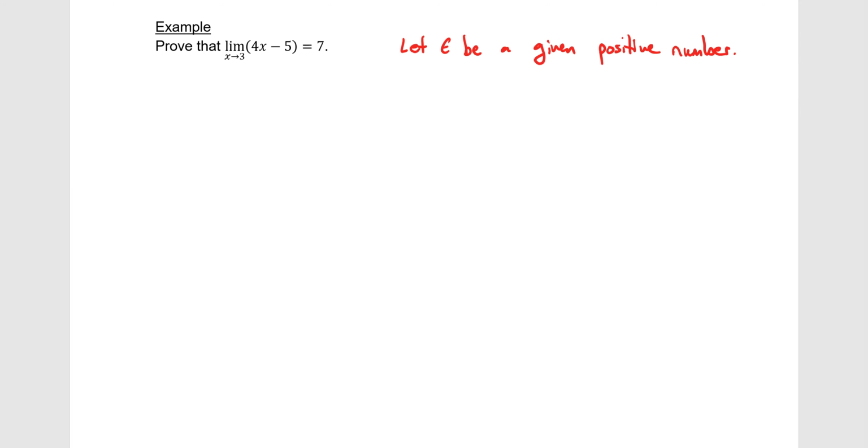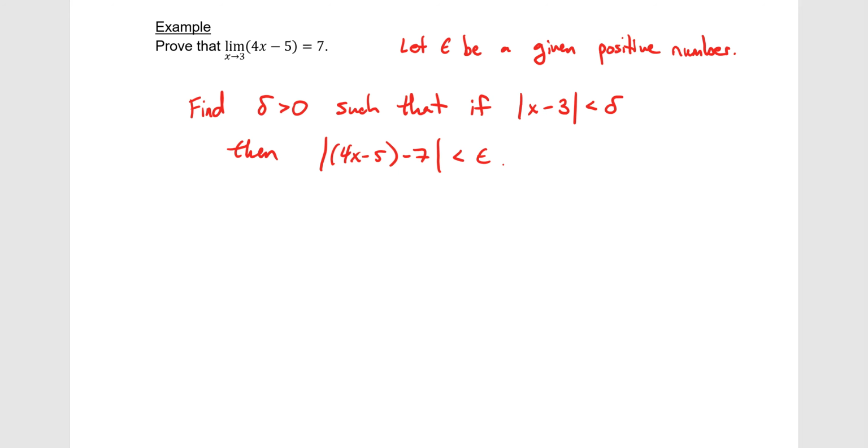So the first thing you're going to want to write down is: let epsilon be a given positive number. And then you're going to write down what we're doing. We're always going to be finding some delta that's positive, such that if the absolute value of x minus 3 is less than delta, then the absolute value of the function minus the limit, 7, is less than epsilon.